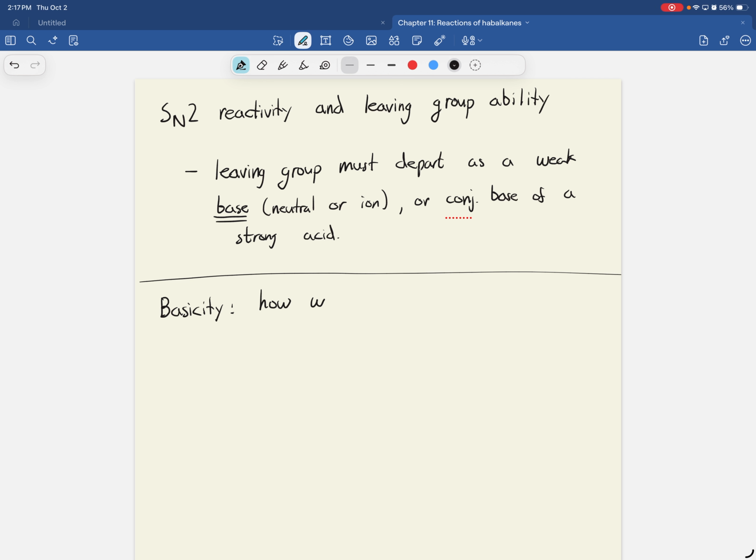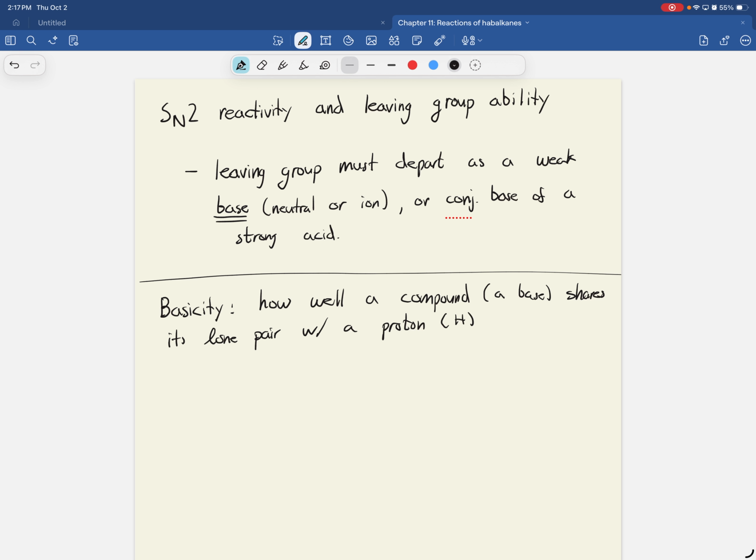How well a compound, so in this case, is acting as a base in chemistry, right? That's where you take a proton away, right? It shares its lone pair with a proton. So in this case, any H in the molecule, okay?